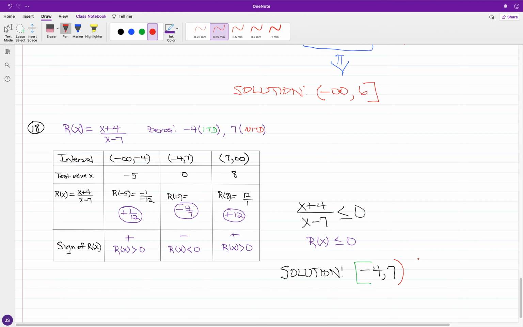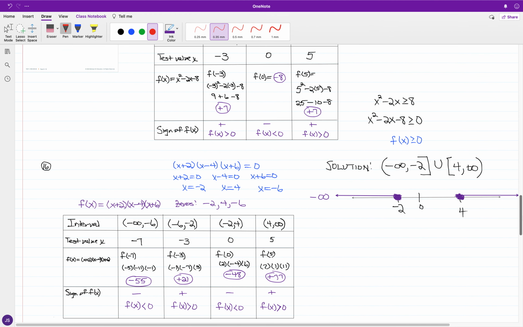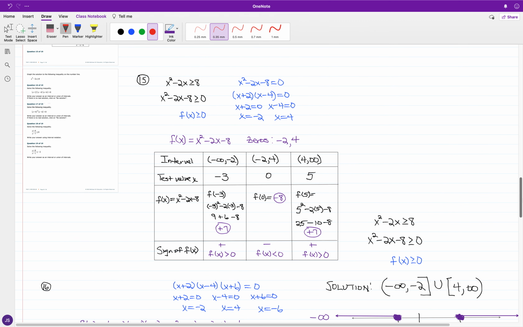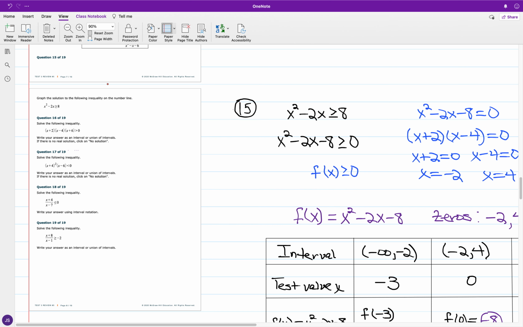Okay. And now, I'm just going to make a quick mention of what we have for number 19. You have x plus 8 over x minus 1 is greater than or equal to -2.